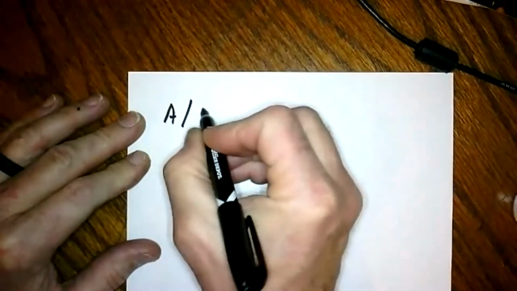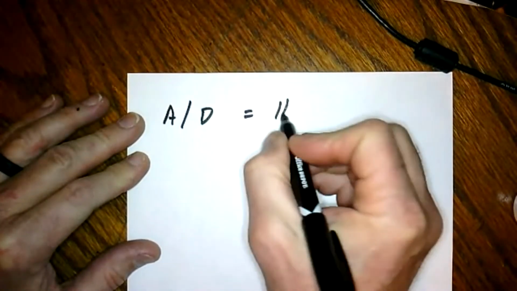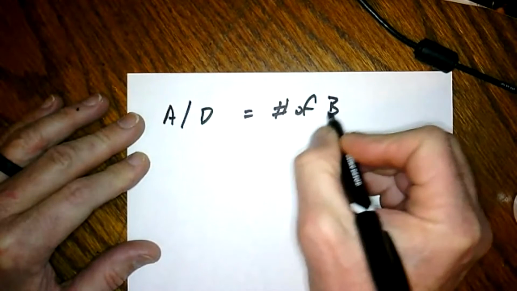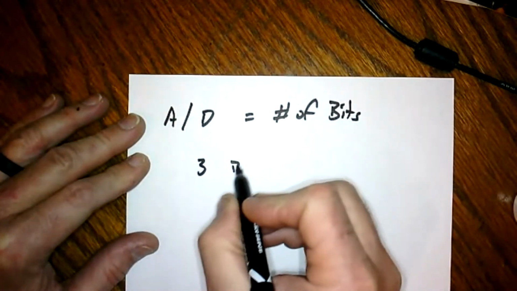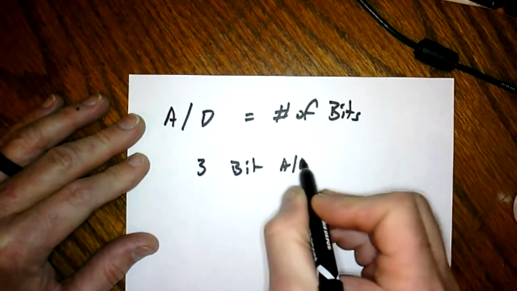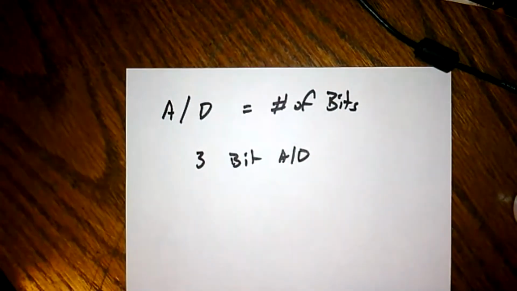Okay, so an A to D board, when you buy an A to D board, you buy an A to D board based upon the number of bits. So we can buy a 3-bit A to D board. That means we can represent values between 1 and 7.